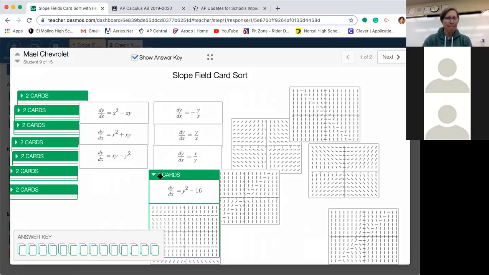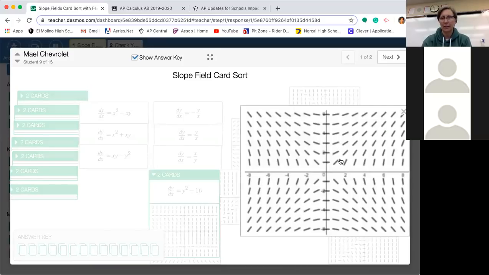So then one of the things that Mason talked about was there was one that he felt like had circles in it where they were all curving in or all curving out away from each other. And those are going to end up being the ones with the x over y or the y over x. I don't know how to explain that best other than to practice. If I looked at something like this, here I have slopes of 0.